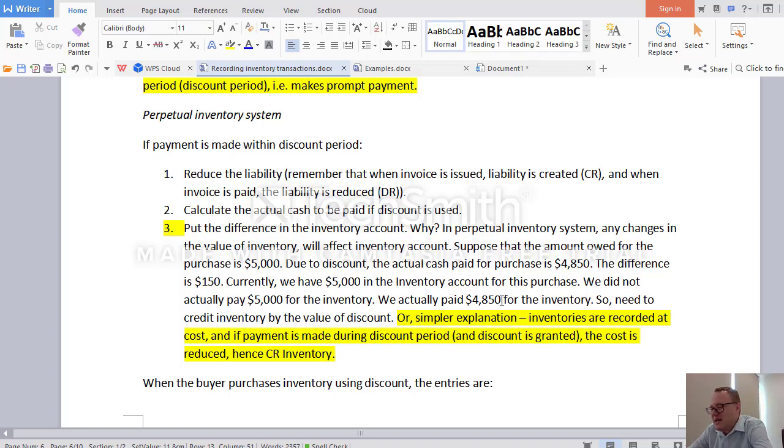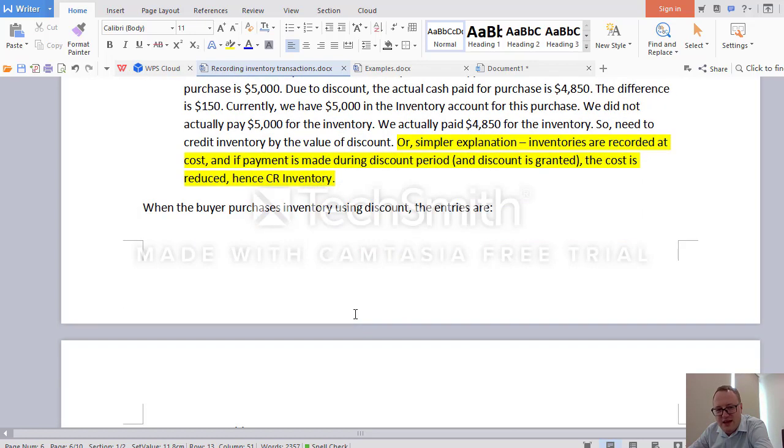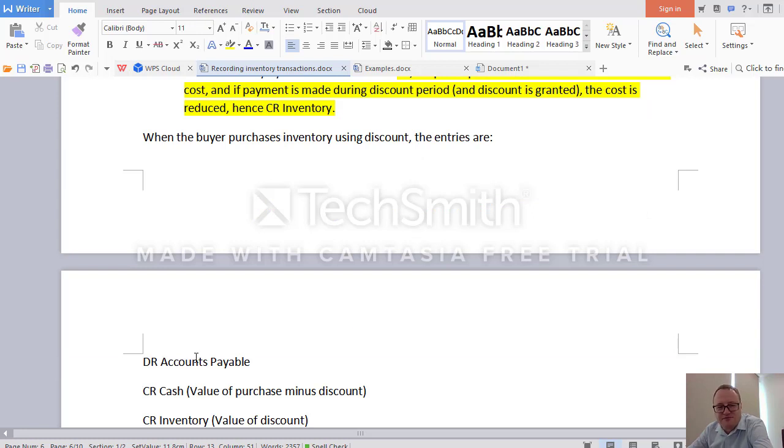We paid less, 4,850. So you need to credit inventory by the value of the discount. In other words, to make it simple, the value of the discount is credited to the inventory account. So when the buyer purchases inventory and manages to get the discount, then the buyer will have a smaller liability, debit accounts payable.